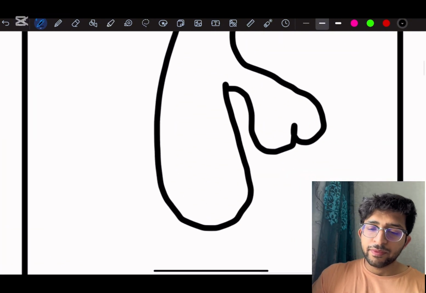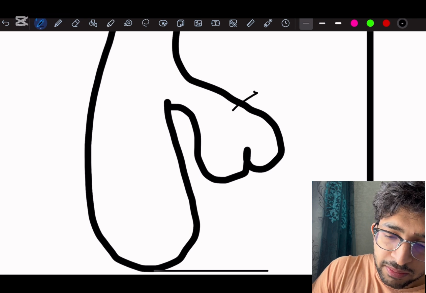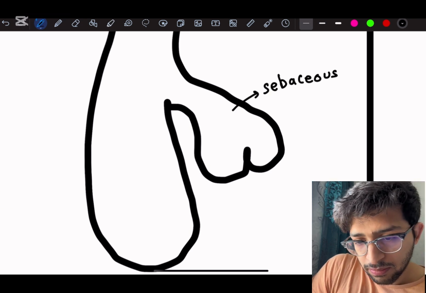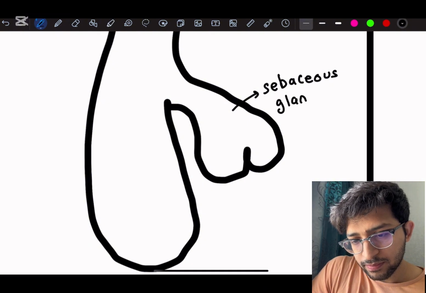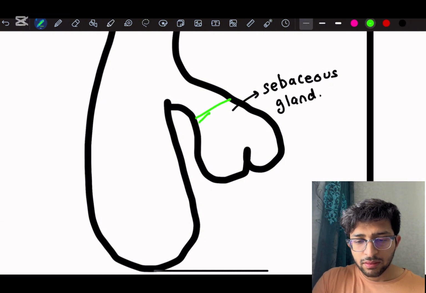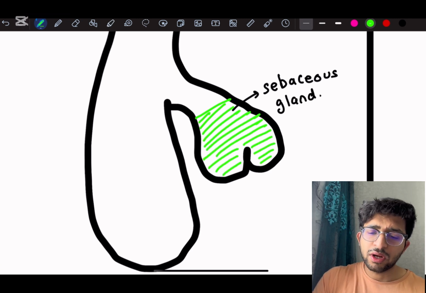Yeah, so let's focus on this part. This is a sebaceous gland, and this sebaceous gland has sebum, or we call it oil.